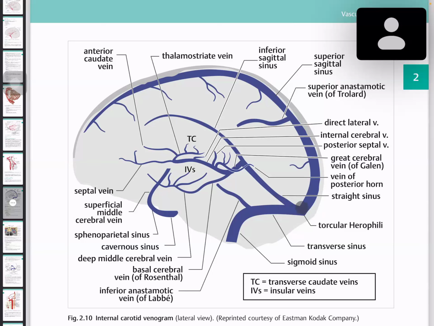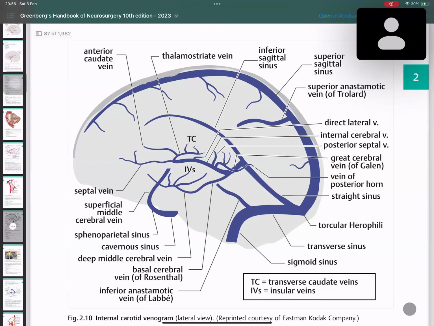Then another important fact about this: I don't know why, but I doubt this image. I don't know if it is really correct anatomically.